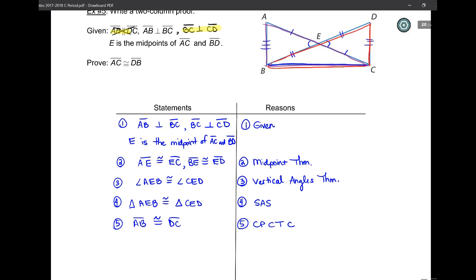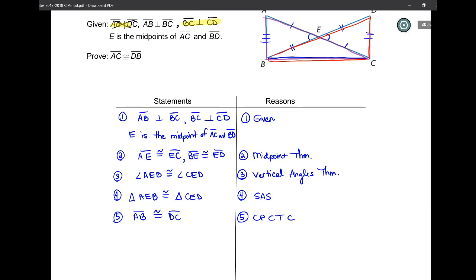So I have a pair of sides. Now we have statement 6 is going to be BC congruent to BC. That's reflexive property.